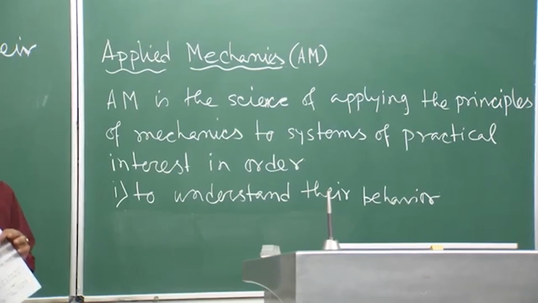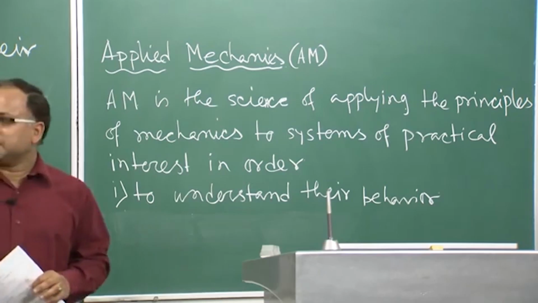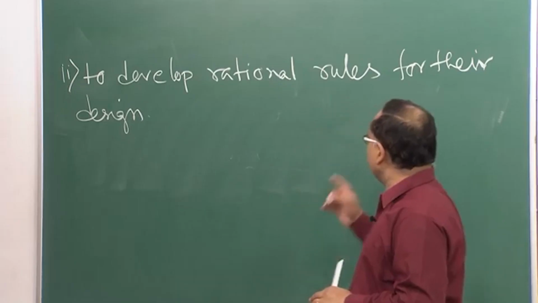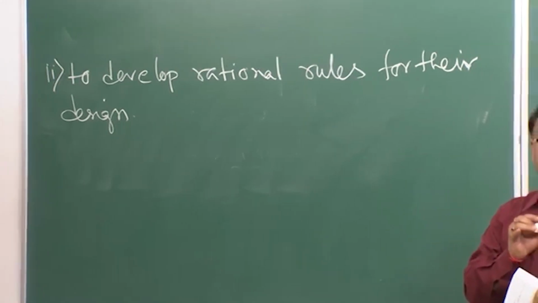So mechanics cannot go beyond some principles. You have some principles, some rules of the game, so you cannot violate that. So applied mechanics is the science of applying the principles of mechanics to systems of practical interest in order to understand their behavior, and the second one is to develop rational rules for their design. Okay, so these are two fundamental things.